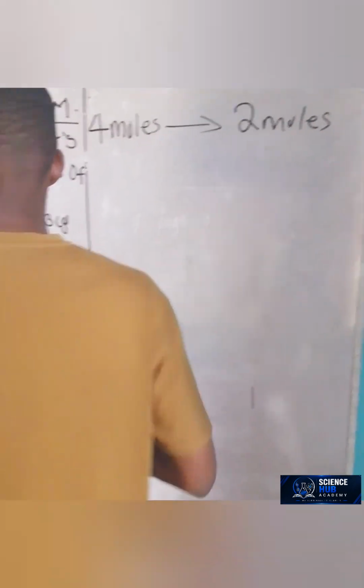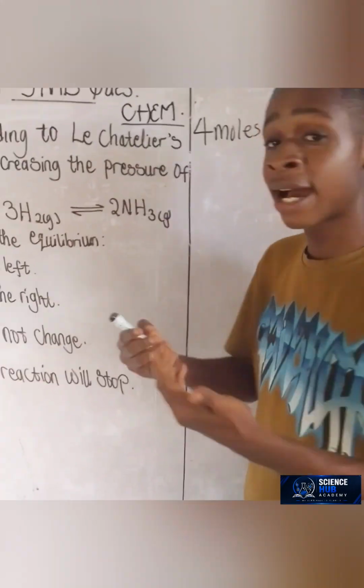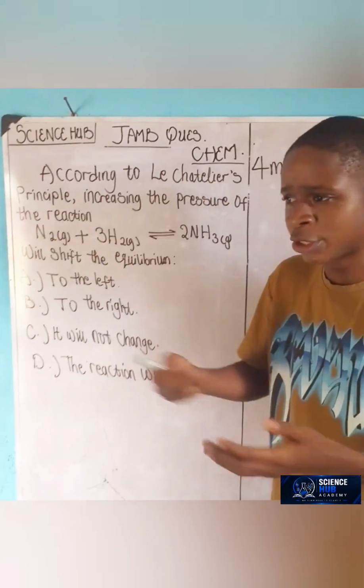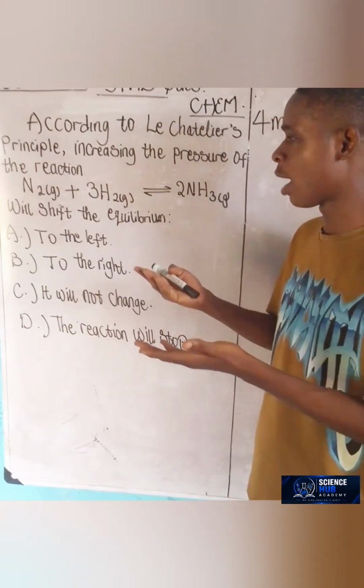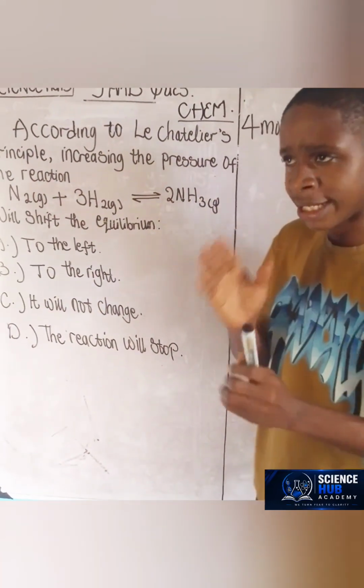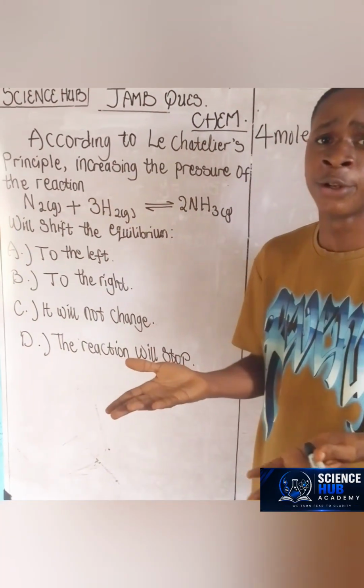Now, without taking us too far, I want to drop something very simple. There are different factors that could affect a system in equilibrium. It ranges from temperature to concentration, and also includes pressure. So we want to look at pressure. Take note, anytime we're talking about pressure in a chemical system in equilibrium, we have to include the volume.